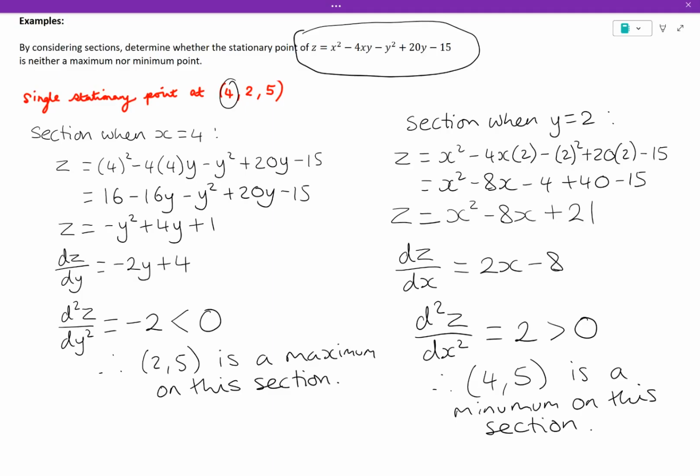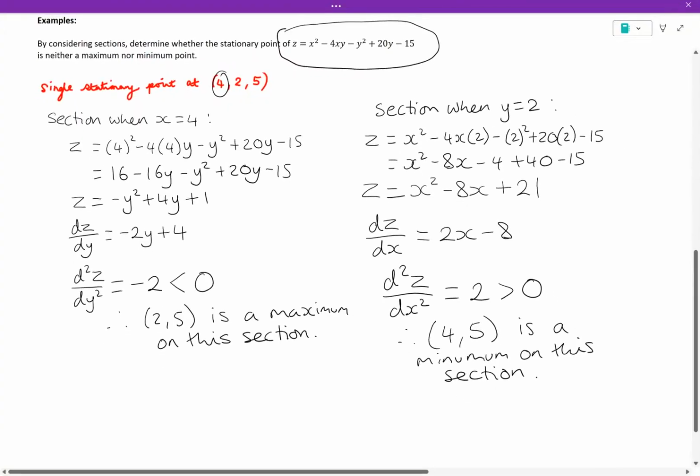So it's a maximum on one section, a minimum on another. So therefore, it can't be a maximum or a minimum on the whole surface. It's going to have to be probably a saddle point. So we can make one final conclusion.